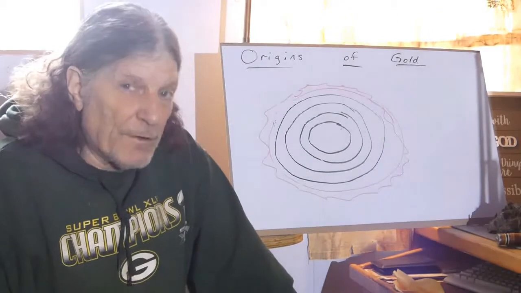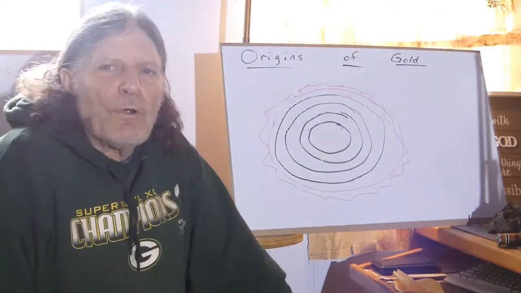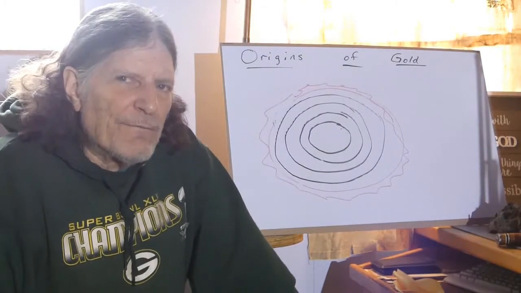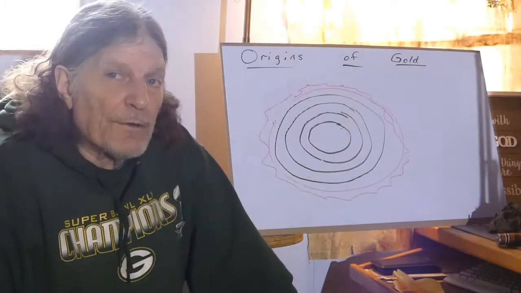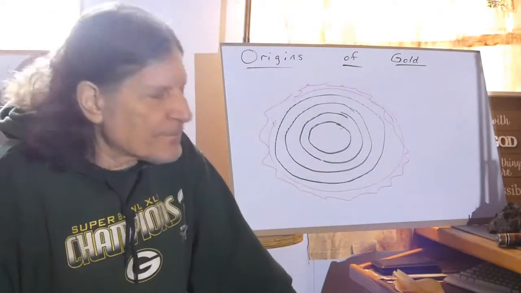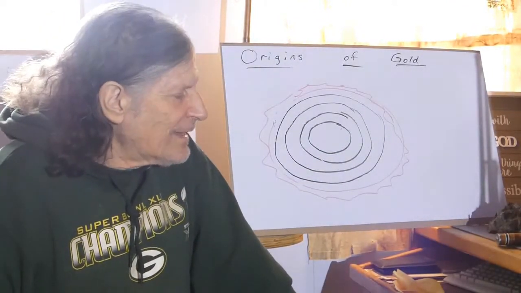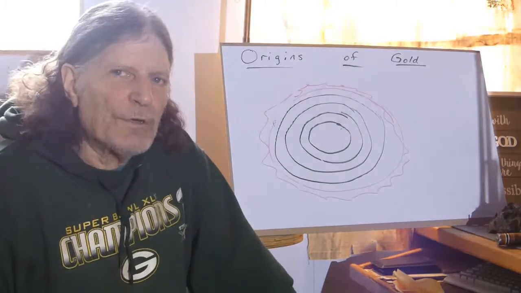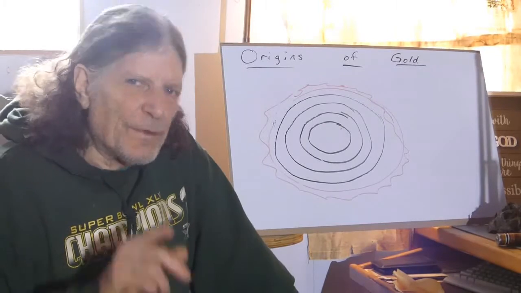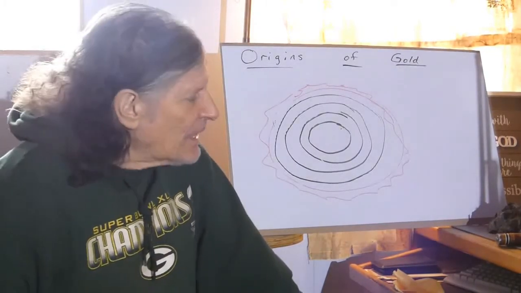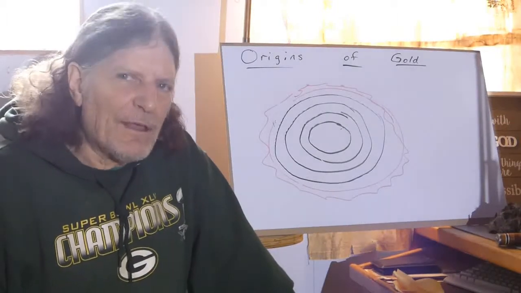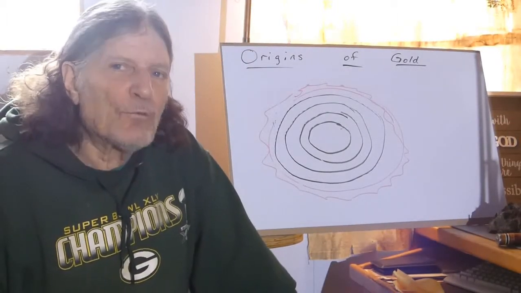But where they really vary is in their specific gravity. Specific gravity means how many volumes of water will that material displace in a bucket or whatever. Gold is 19.32 times heavier than water with equal volume. Platinum is 21.4 times heavier than water with the same volume.